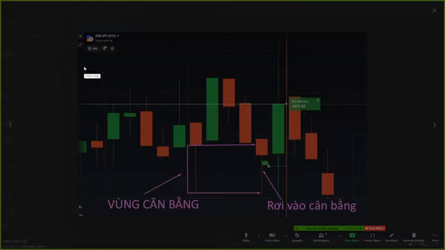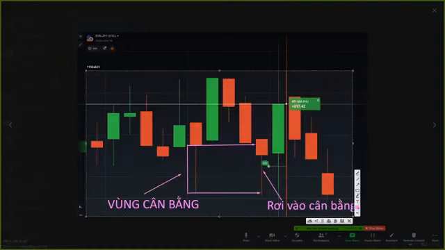Okay, so this is a balance zone. What do I have here? I have here, here, and here. So this is a balance zone because of this one. Just focus, just look, notice this one, because this one cannot close price, cannot break the extreme level of the green, and that is the very little thing you can pay attention to.